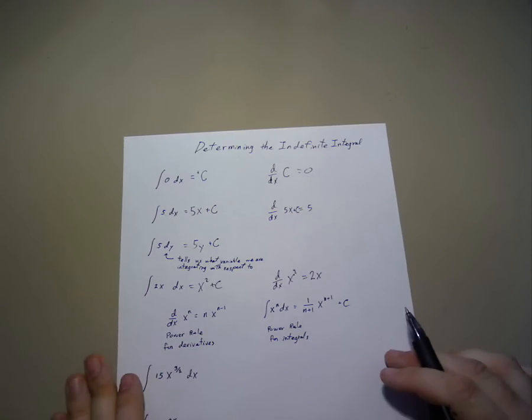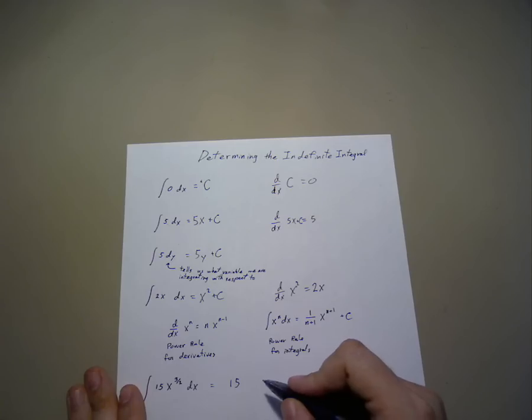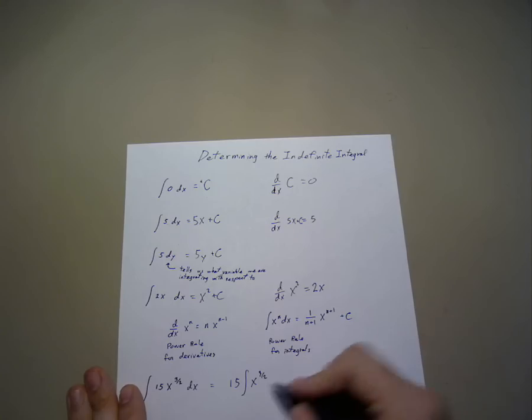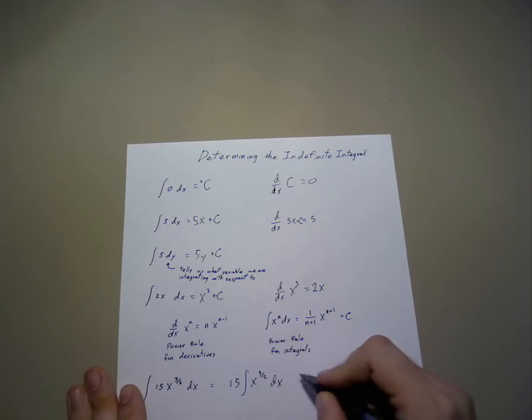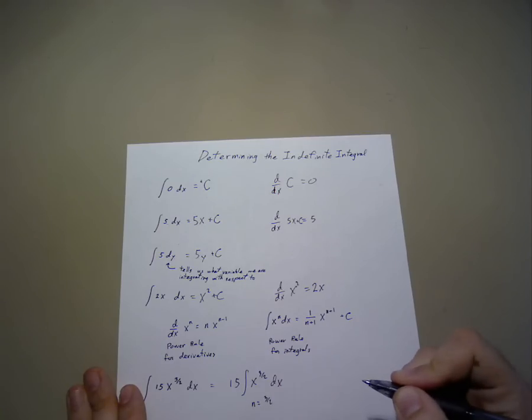If we apply that to something like 15 times x to the 3 over 2, we get 15 times the integral of x to the 3 over 2 dx. I'm going to set n equal to 3 over 2.